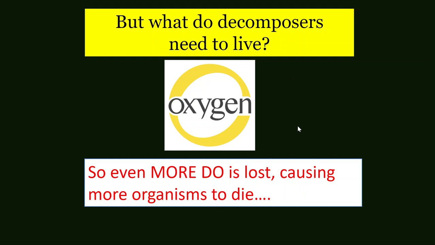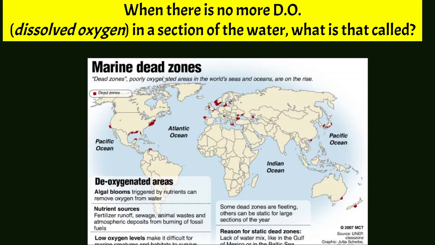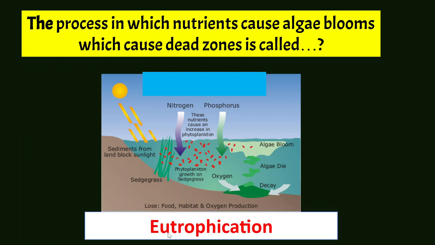So when there's no more dissolved oxygen in a section of the water, it is going to be called a dead zone. You can pause the video here and sort of read some of these little captions. The process in which nutrients cause those algae blooms, which are the things that cause the dead zones, this process is called eutrophication. Eutrophication.